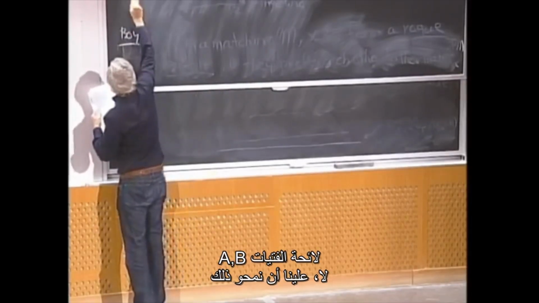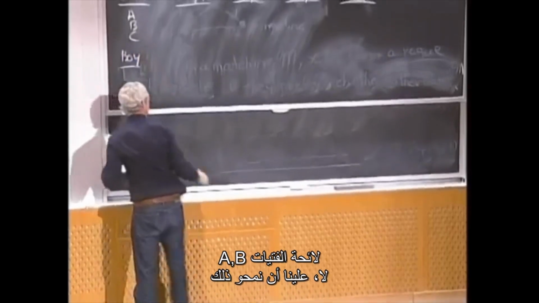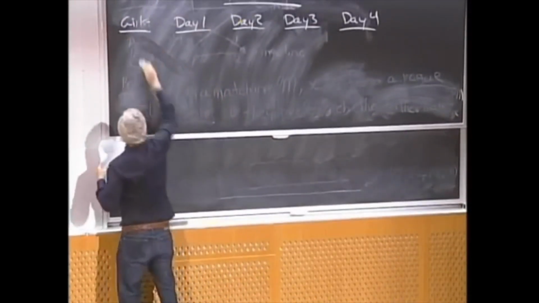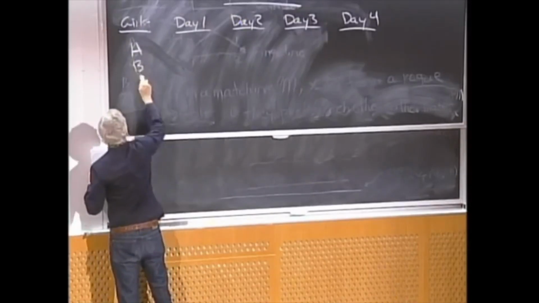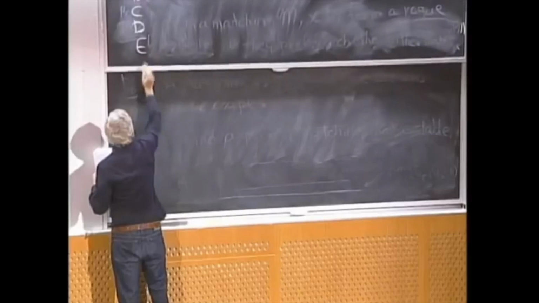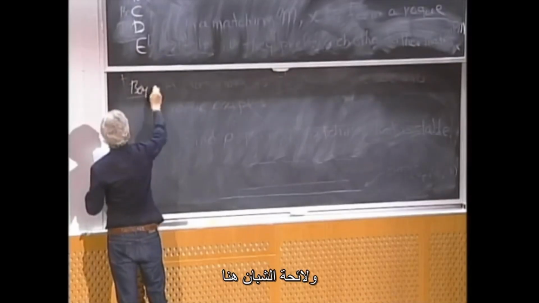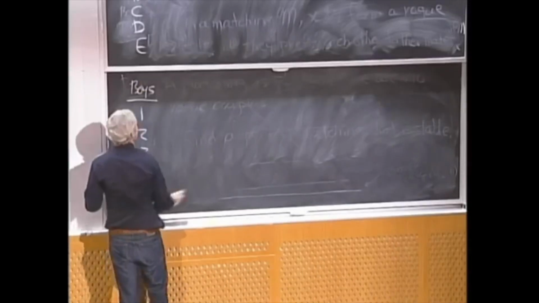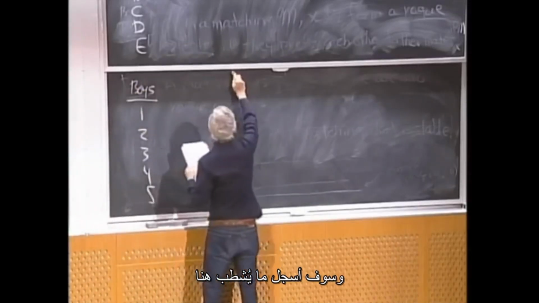Girls, let's see, A, B. No, I'm going to have to space it out. And the boys had their lists here. And we have boys 1, 2, 3, 4, 5. And here I'm going to record the crossouts.